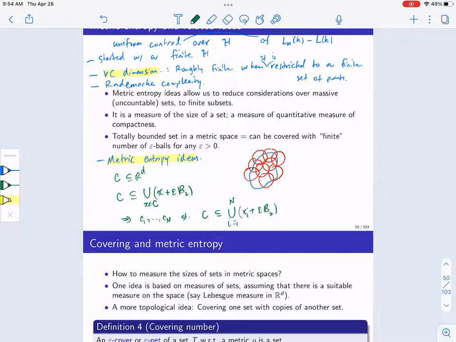It could be any B, actually, not necessarily B2, any ball or any set would work. So this is saying that given any epsilon, there exists a finite number of these shifted balls that I can use to cover the set. That follows from compactness. If you put a ball around every point, there exist finitely many xi's.